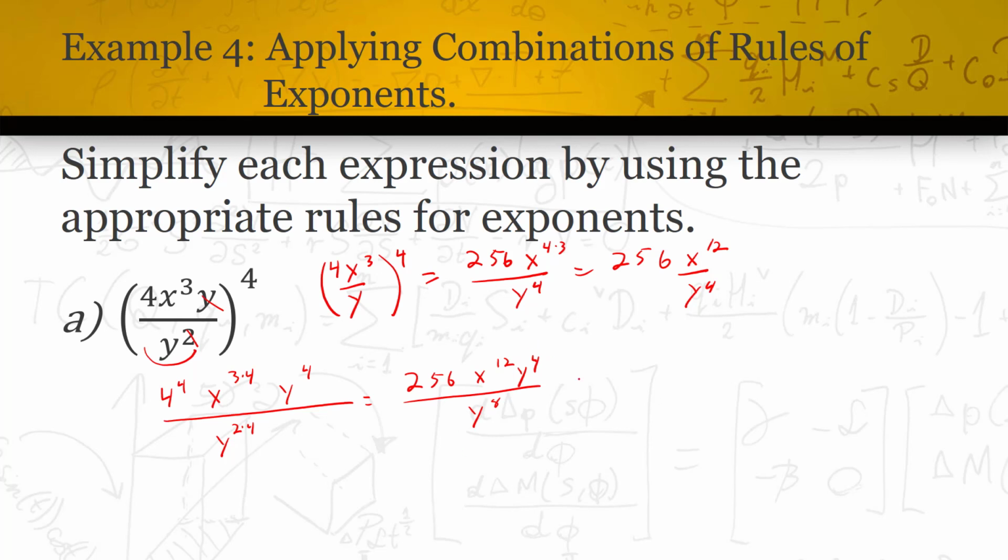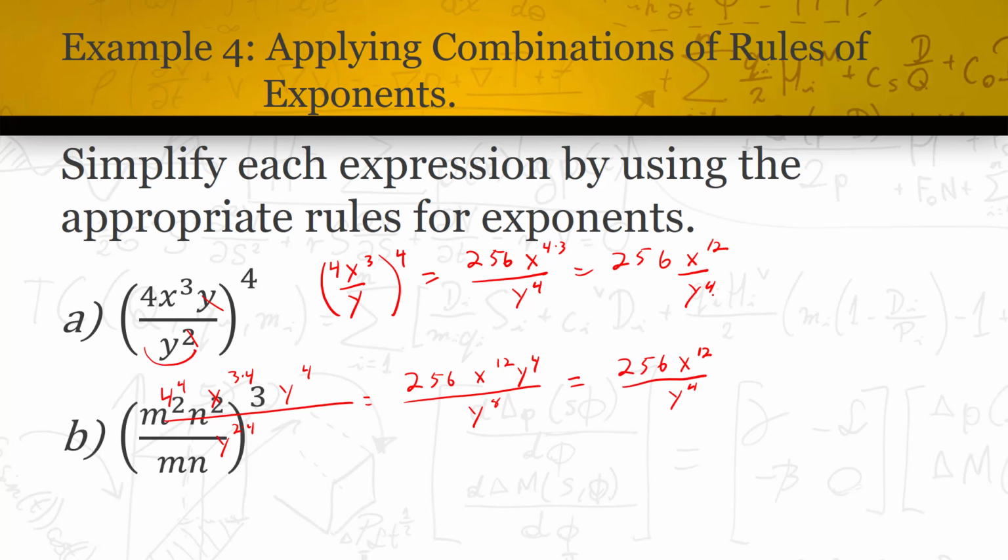Now we could simplify the y's, and that would give us 256 x to the 12th over y to the 4th. And that would be that solution. So once again, one answer, but 2 ways to arrive at that answer.